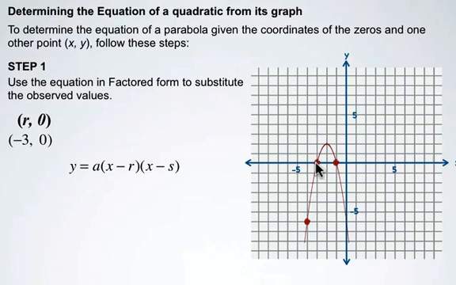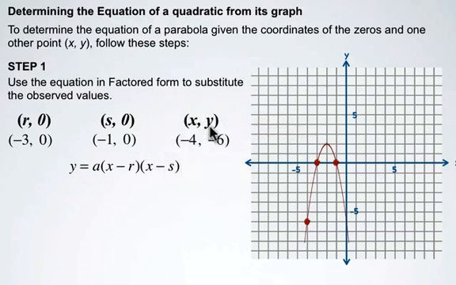It's at -3, 0. The other 0, or x-intercept, will provide our s value. The coordinates for the other x-intercept is -1, 0. So now we have our r, and our s.